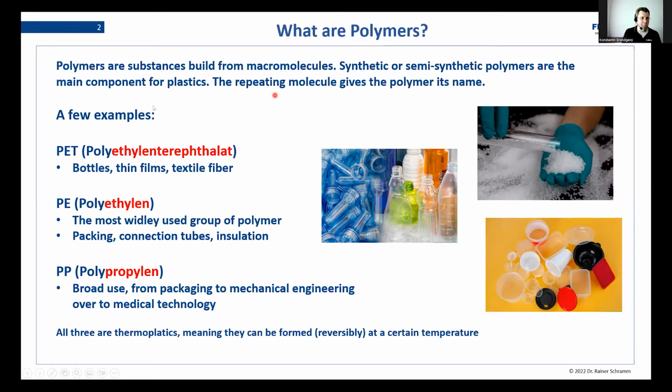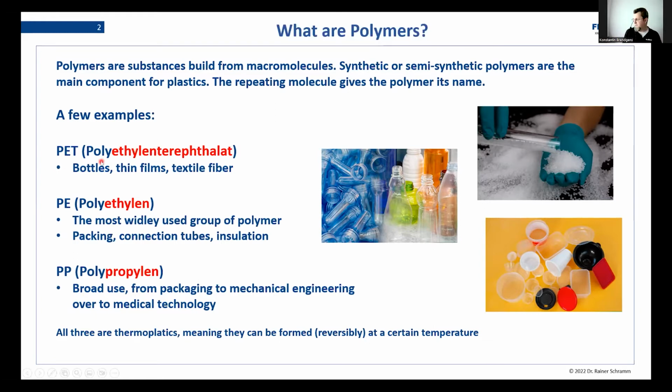As an example, you probably all have heard or read PET. I always have trouble pronouncing the full name here, so I'm not gonna give it a try, but you can see it's poly and then ethylene, and then terephthalate. That's basically the component that is used to build this polymer or this plastic.